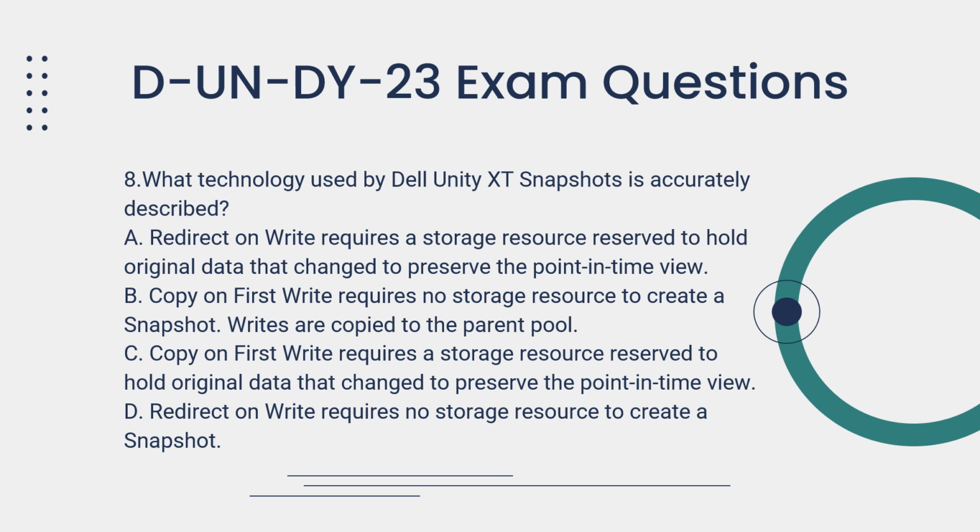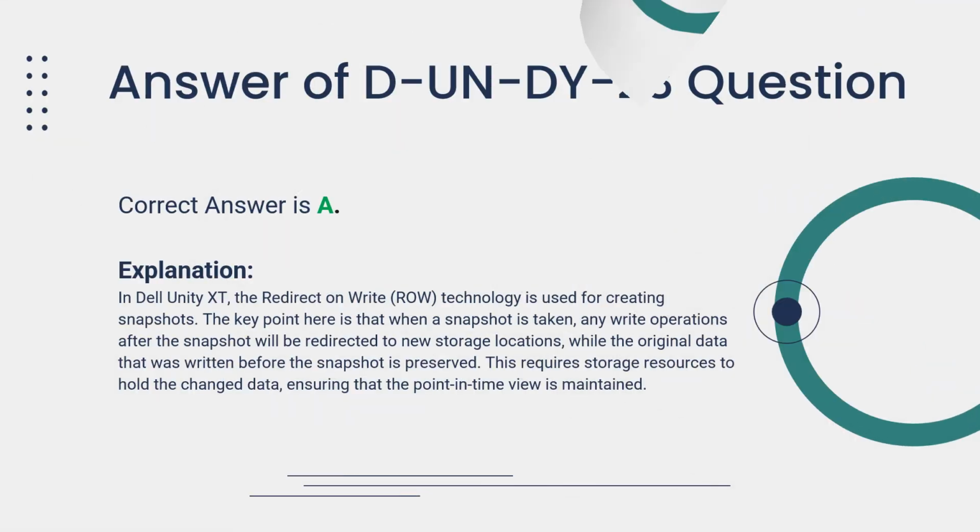Writes are copied to the parent pool. C. Copy on first write requires a storage resource reserved to hold original data that changed to preserve the point-in-time view. D. Redirect on write requires no storage resource to create a snapshot. Correct answer is A.